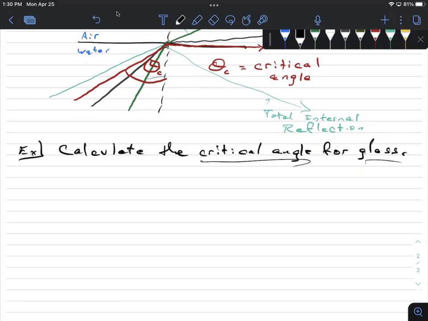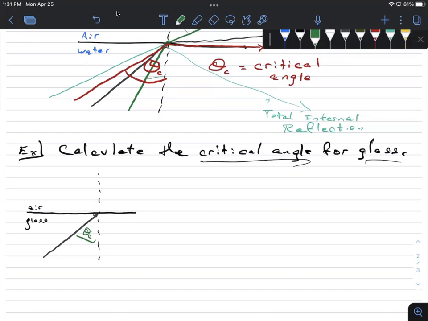So if I draw it, here's the picture. Down here is glass. Up here is air. And the light is going to come in, and I'm going to force it to come in at the critical angle. So the light's coming in at the critical angle. And what I'd like to find out is, what is that number? What is the critical angle?